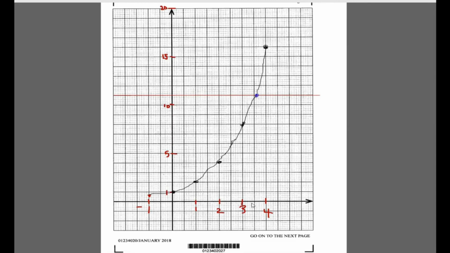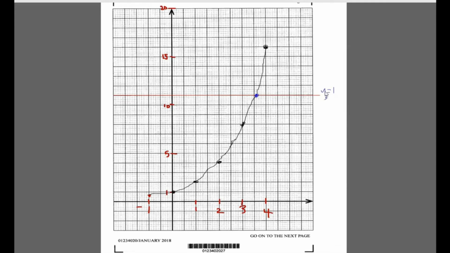So when x is 3.6, this is an x value of 3.6. Let me not write 3.6 way out here, because this is a line y equals 11. Let me label it as y equals 11.